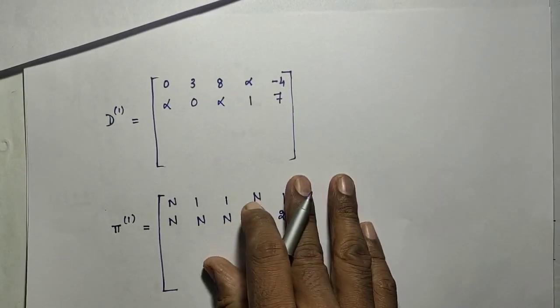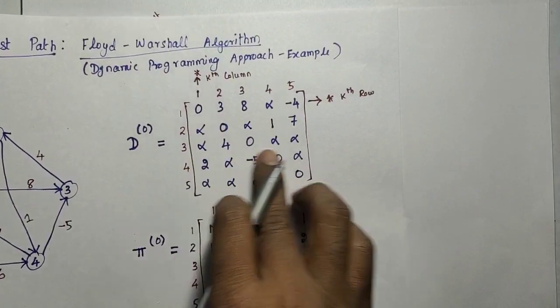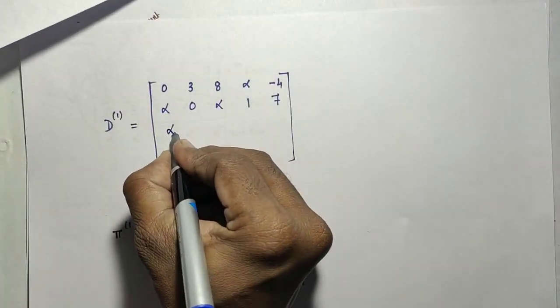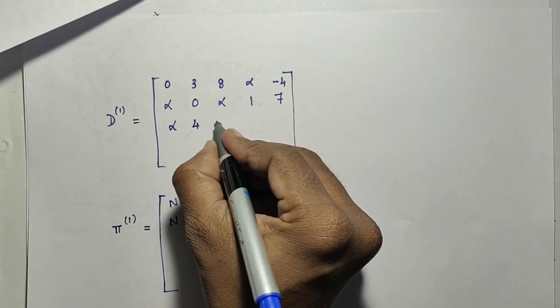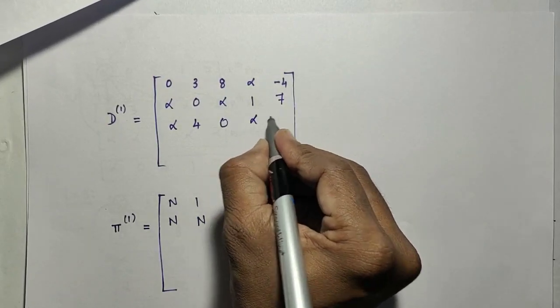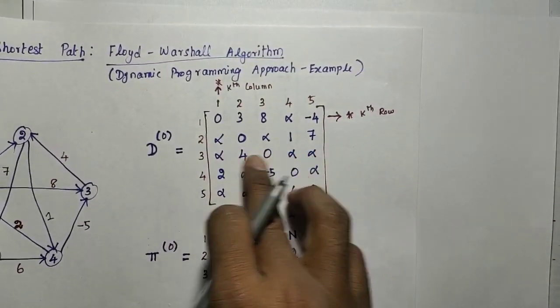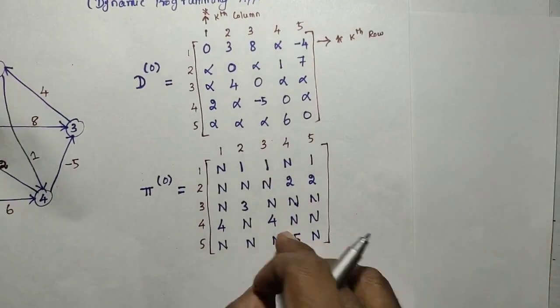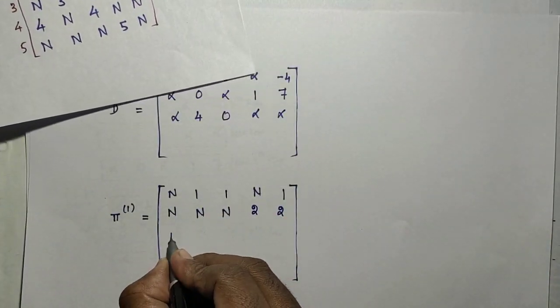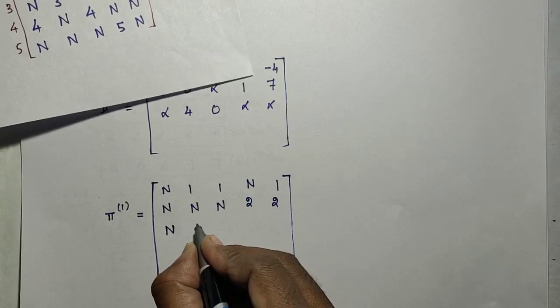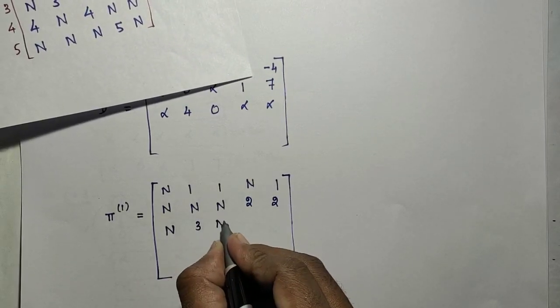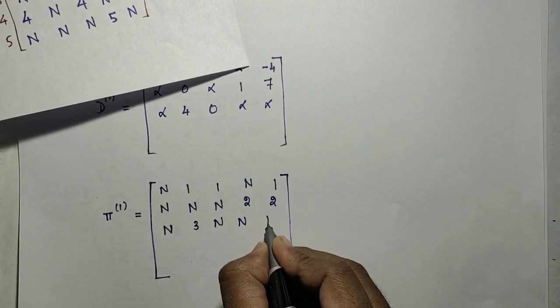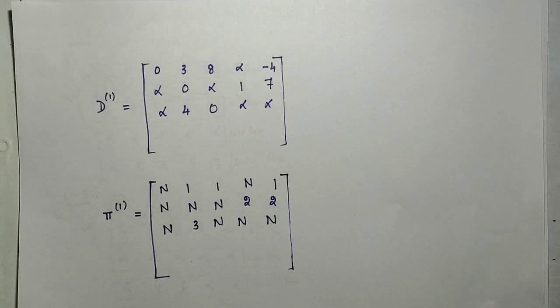The third row will be the same as the previous third row: infinity, 4, 0, infinity, infinity. So we have copied it as it is. The corresponding third row in the Pi also will get copied: N, 3, N, N. Like that we can copy it.